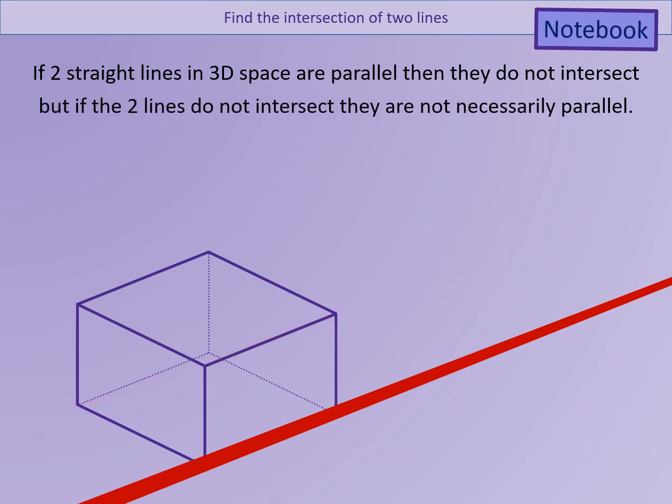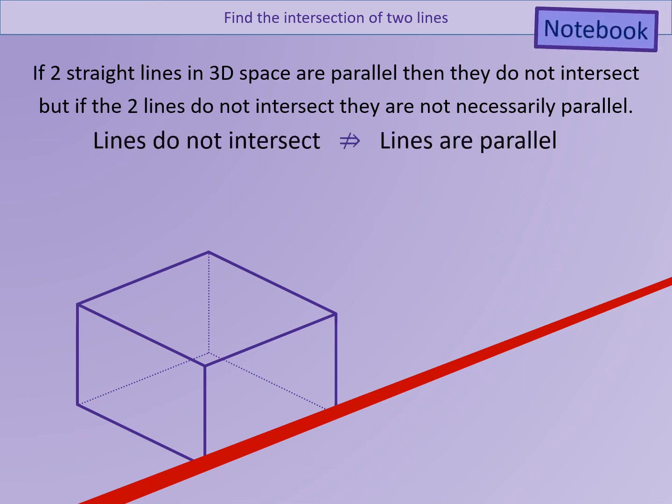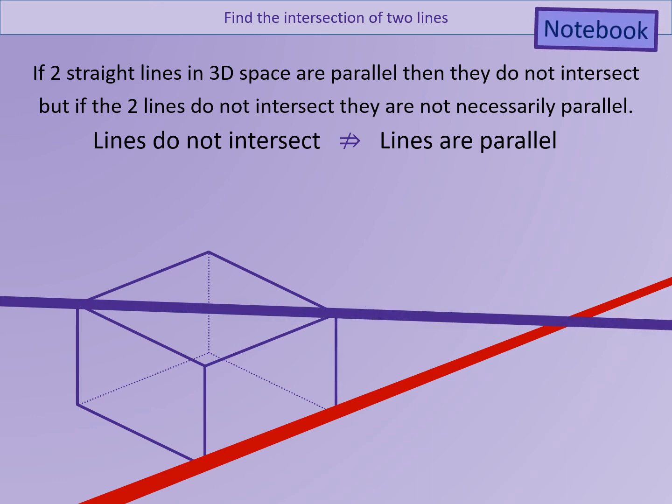However, if two straight lines do not intersect, we can't conclude in 3-dimensional lines that they are parallel. There may be another possibility. For example, if we take this edge on the cuboid, we can see that the two edges are not parallel.